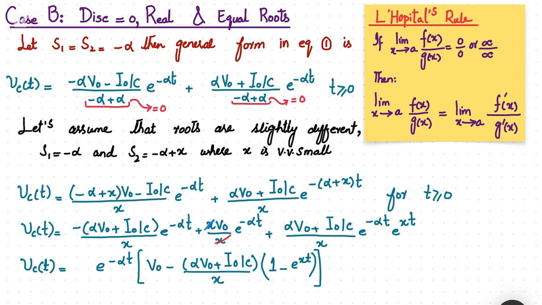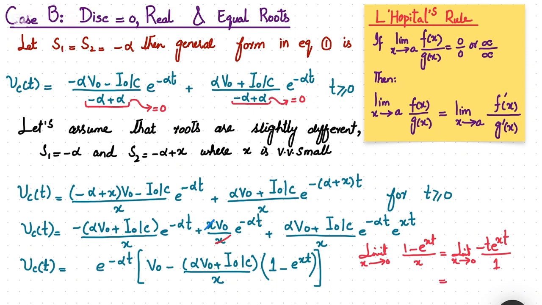It means if we apply L'Hopital rule on this thing, limit x approaches 0, 1 minus e raised to power xt over x, because this factor reduces into indeterminate form, 0 over 0 form. Therefore, using L'Hopital rule, we can take the derivative of the numerator, and the derivative of the numerator would be minus t into e raised to power xt, and the derivative of the denominator would be 1, and we can apply the same limit x approaches 0 in it.